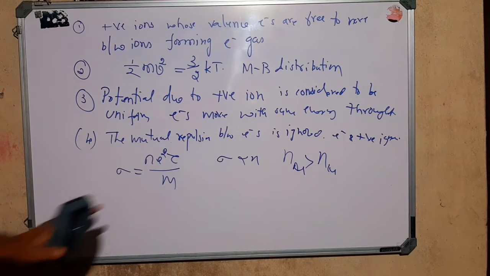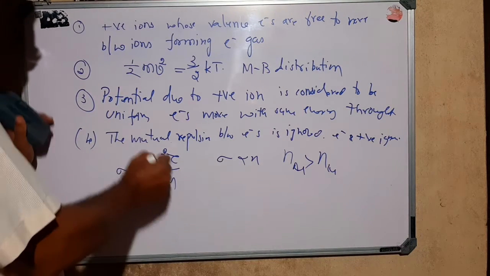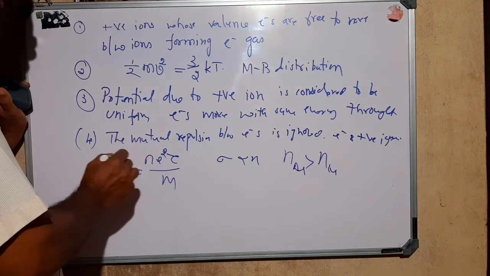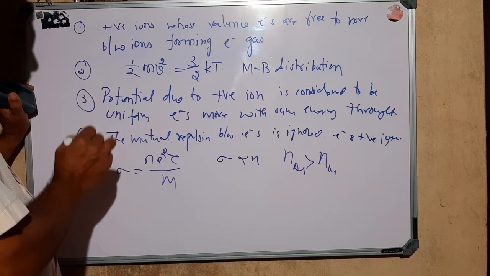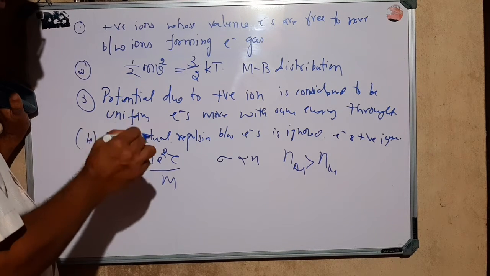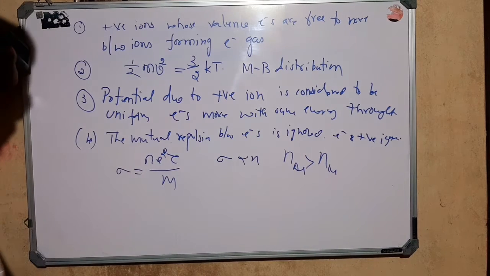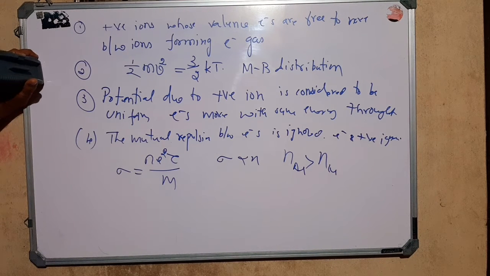So using this relation, electrical conductivity of aluminium is more compared to electrical conductivity of copper. But in our practice, we know that copper is a better conductor than aluminium.